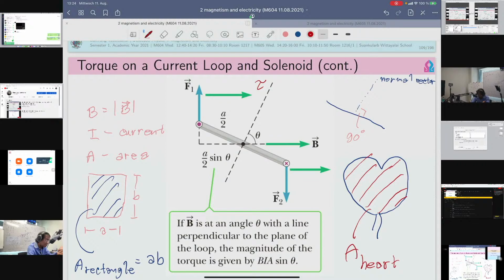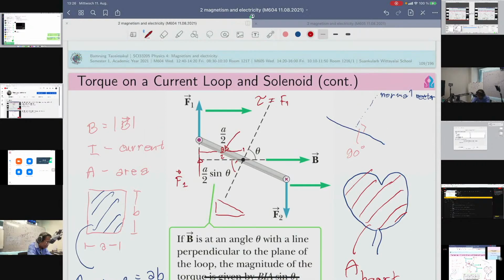And of course when we write down the triangle, we would see that here is the angle phi, but the angle between the normal and the plane should be 90.